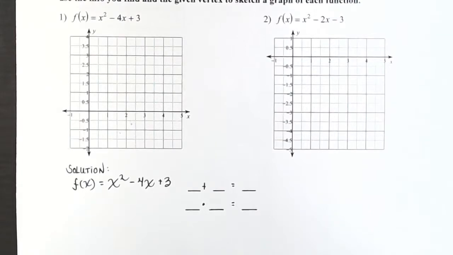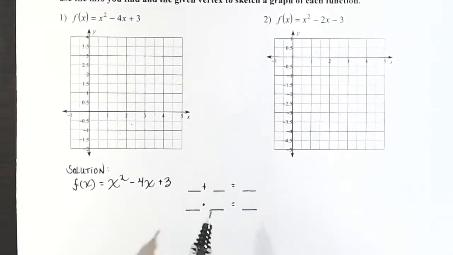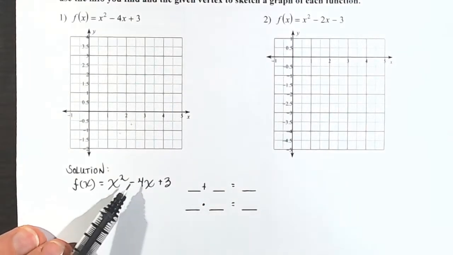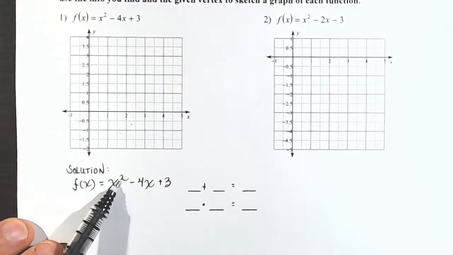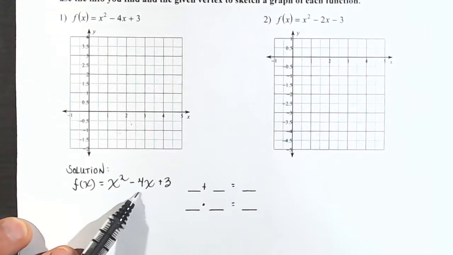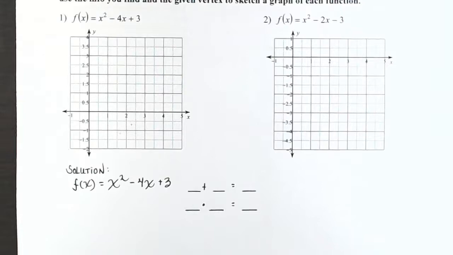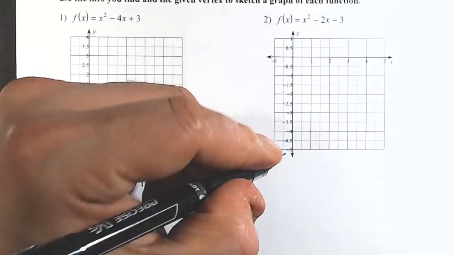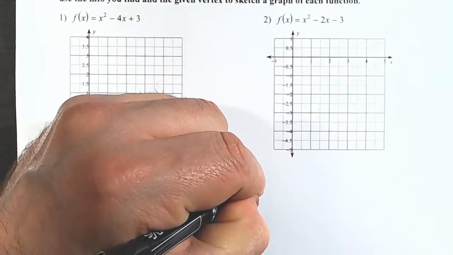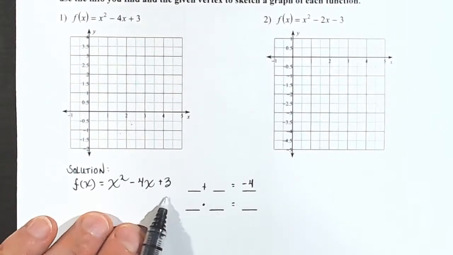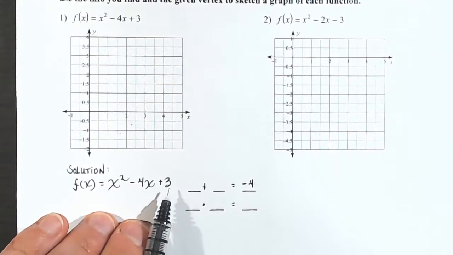Okay, so this is the little template, and this is what you're going to fill out when you factor these simple quadratics like this. So I need two terms that add to equal the middle term, the b value in the standard form equation. This b value here is -4. So I need two terms that add to equal -4. And I need those same two terms to multiply to equal the c value, this 3 right here.